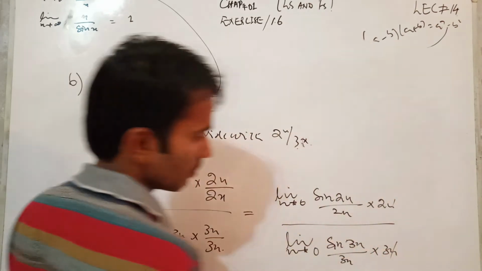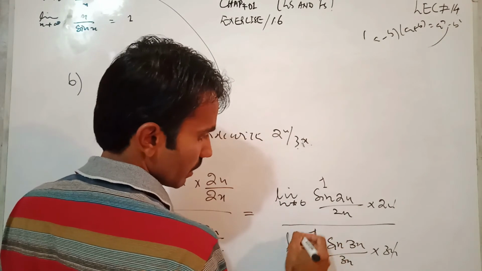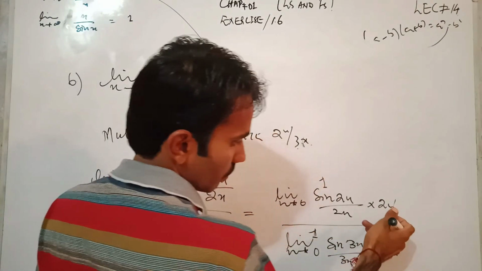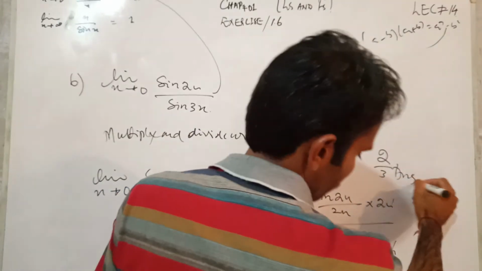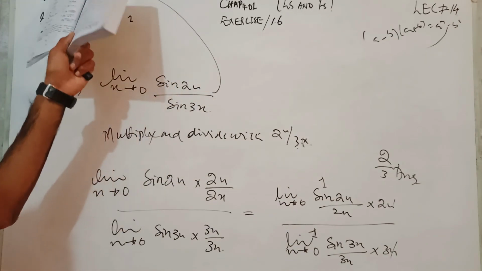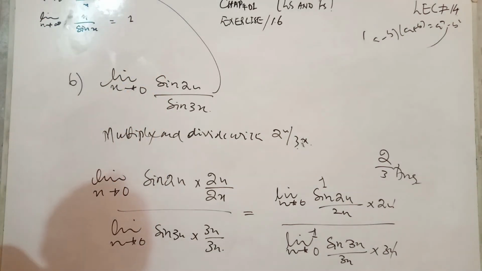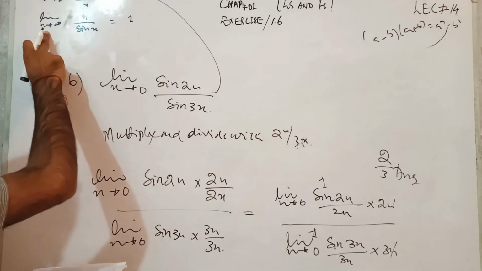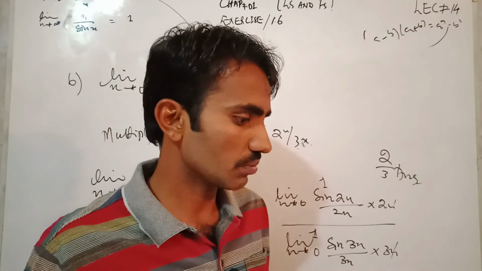These both variables will be cancelled out to each other. It would be 1, it would be 1. So we will get 2 by 3. This is the answer. You just remember that formula: limit x approaches to 0 sine x divided by x is equal to 1. When limit x approaches to 0, x divided by sine x is equal to 1. So this is all about question number 6.